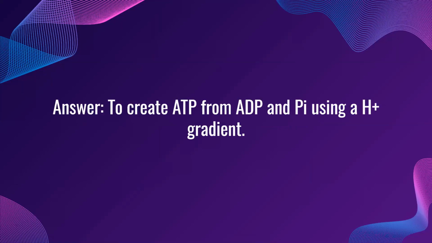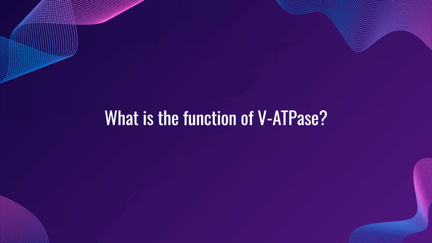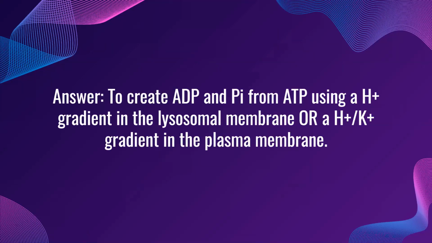To create ATP from ADP and an inorganic phosphate from a hydrogen ion gradient. What is the function of V-ATPase? To break down ATP into ADP and an inorganic phosphate using a hydrogen ion gradient in the lysosomal membrane or a hydrogen ion potassium ion gradient in the plasma membrane.